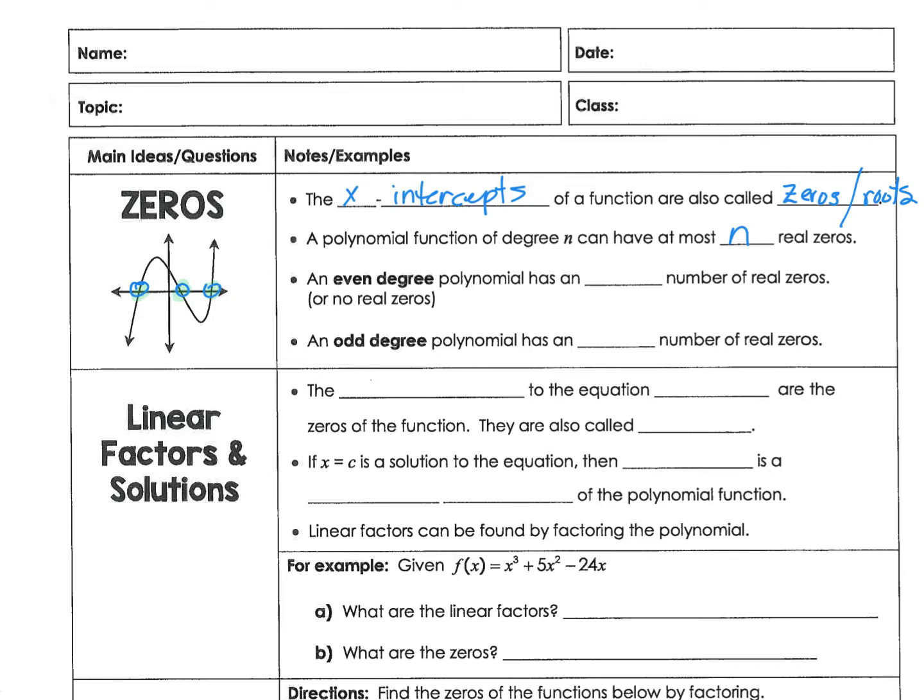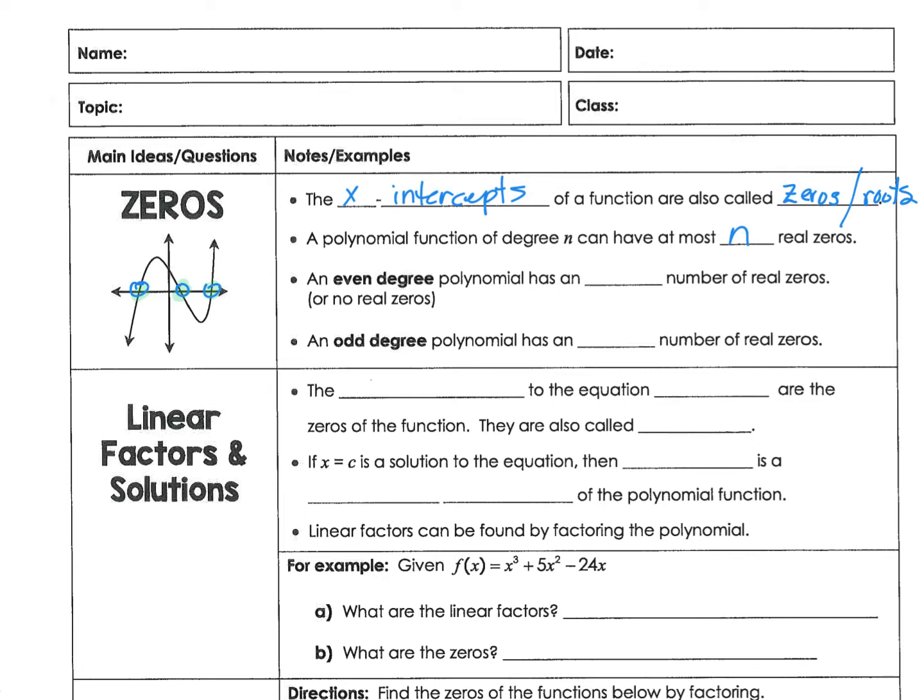Now if it's even, if it looks like this, it could cross none. It could cross once, or it could cross twice. If it's a higher degree, why wouldn't it cross once? If the vertex is on the axis, couldn't it? So we've got differences.